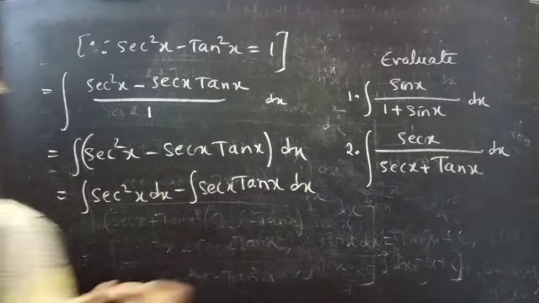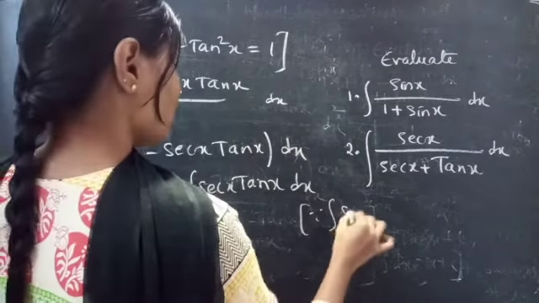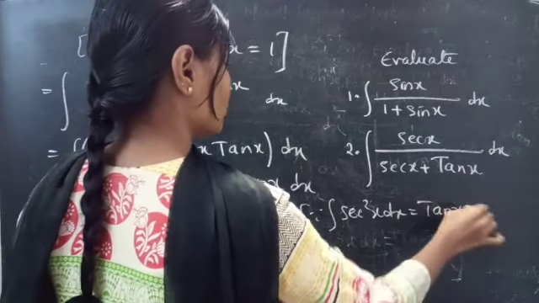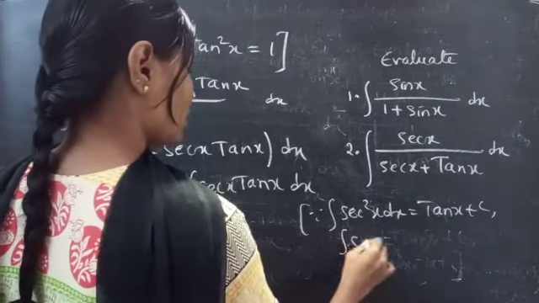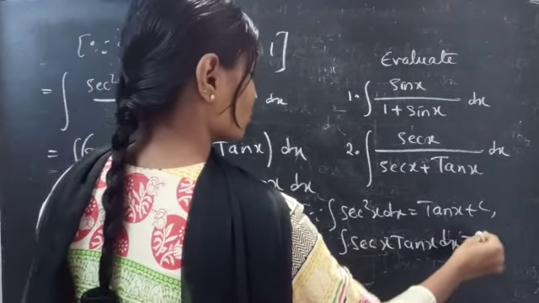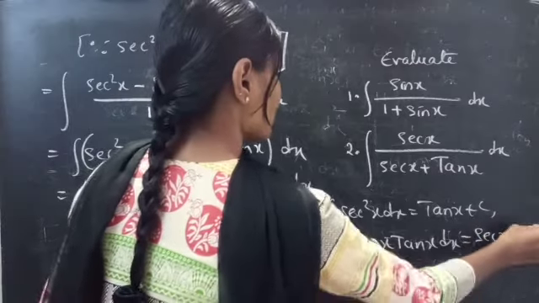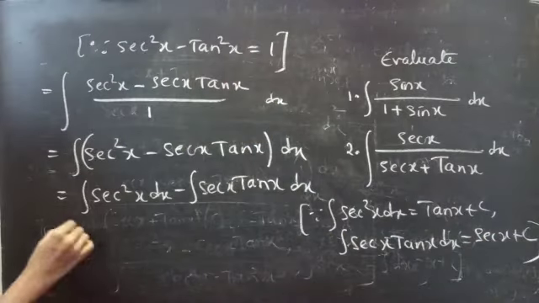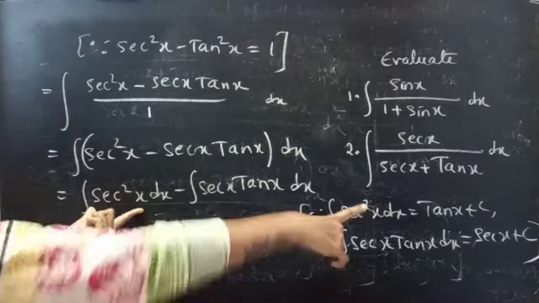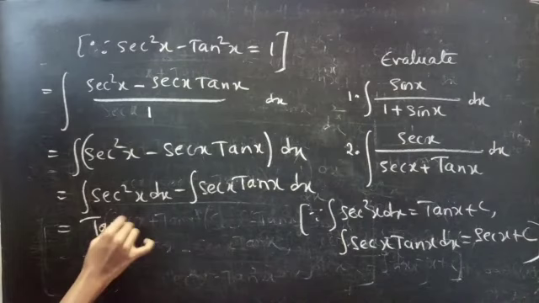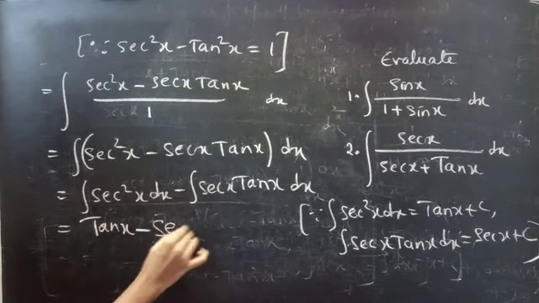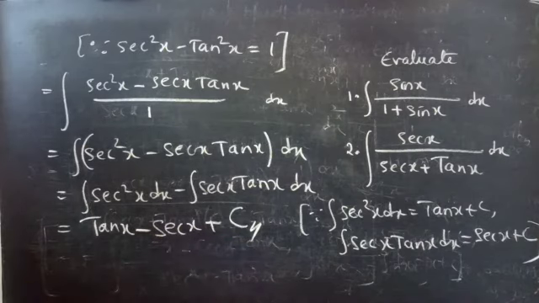Since we know that the integral of secant square x dx equals tan x plus c, and the integral of secant x tan x dx equals secant x plus c, this becomes tan x minus secant x plus the integral constant c.